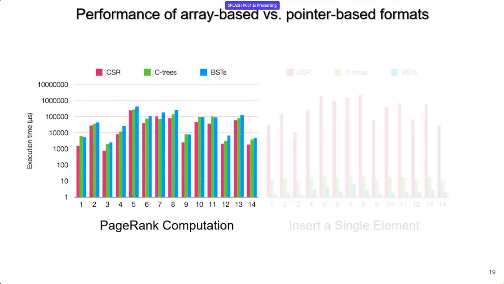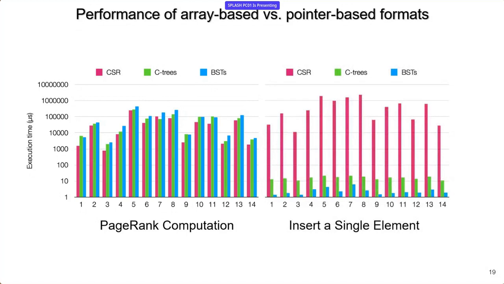Why do you want to pay this cost? Because now your insertion cost goes down drastically. So if you do the most pointer-based binary search tree, page rank is a little bit more expensive, but insertion is very, very cheap. C-tree is somewhere in the middle. Still, it's multiple orders of magnitude better than trying to take your CSR array and insert something in here.